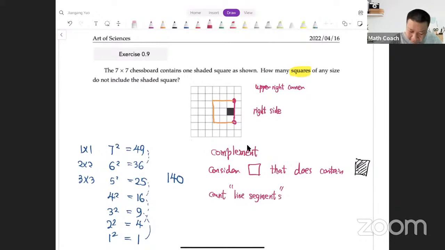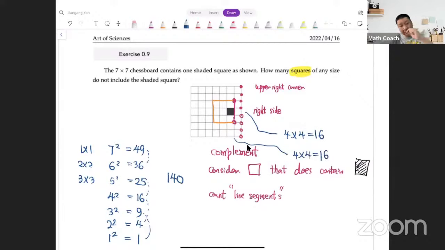So in other words, if you look at here, the top vertex can only be these 4, and the bottom vertex can only be those 4. Okay, so now what do you get? On this vertical line, you get 4 times 4 is 16. On the other line, you get 4 times 4 is 16.